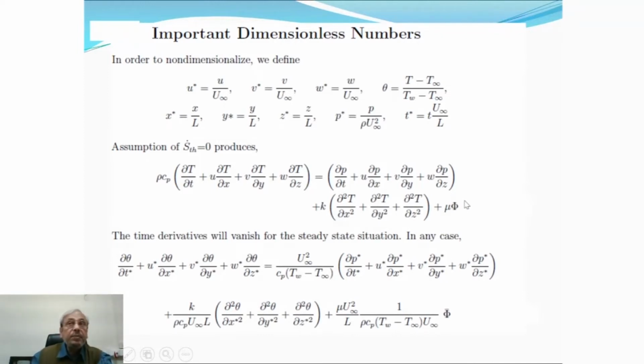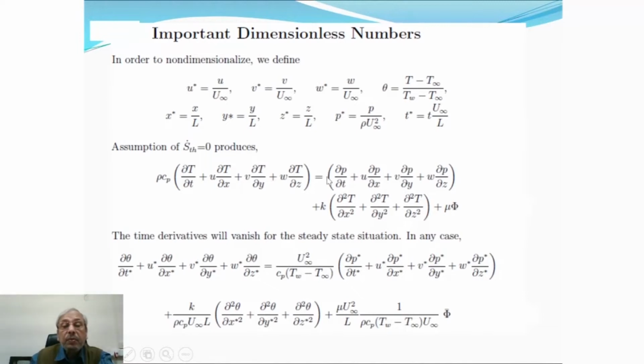Similarly, from viscous dissipation, keeping non-dimensional terms together inside the bracket, we will be able to pull out mu u infinity square by L. Then, as I said, on the left hand side we will have rho Cp Tw minus T infinity into u infinity divided by L. So we will remove that quantity from the left hand side and bring it to the right hand side.